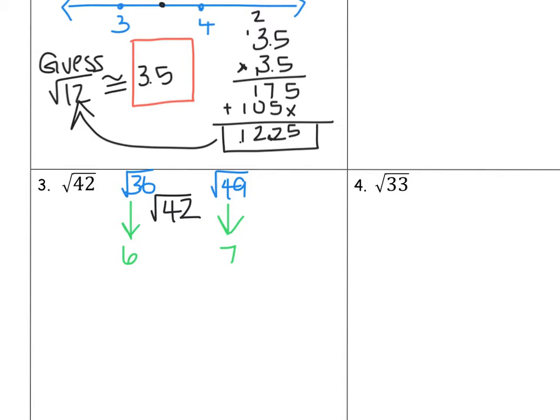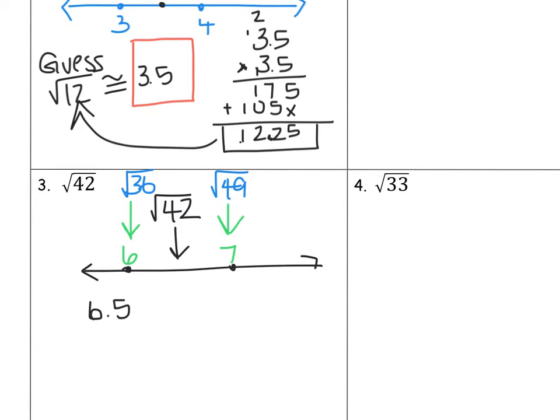So the square root of 42 is somewhere in between there. If we look at 42, again, it's about halfway on the number line. So if we use this as our number line, the square root of 42 is somewhere right about there. So it's somewhere around 6.5.